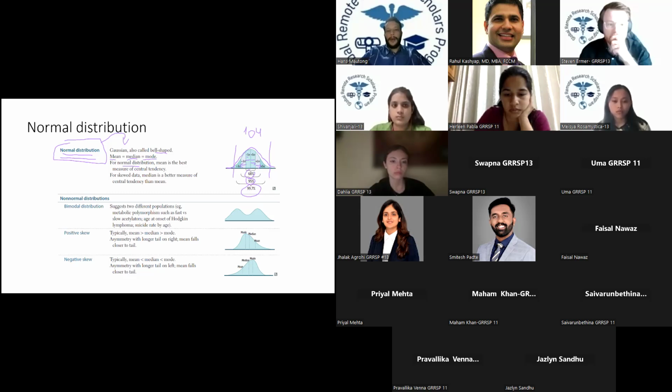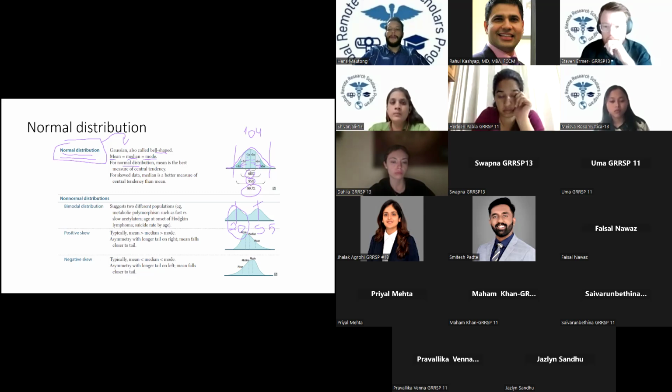With, for example, a polymorphism in, or the age of onset of Hodgkin lymphoma. It can be bimodal because the most repeated value of age would be, for example, 20, and here it will be, for example, 55.